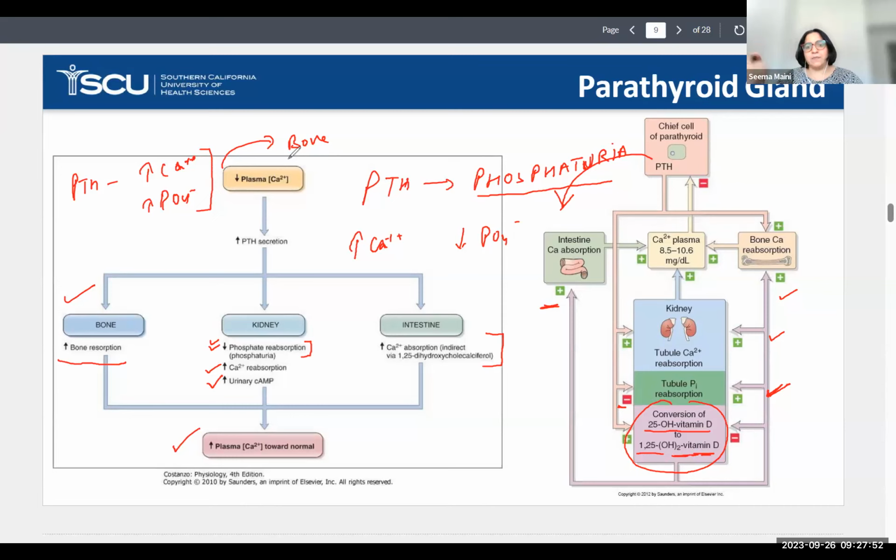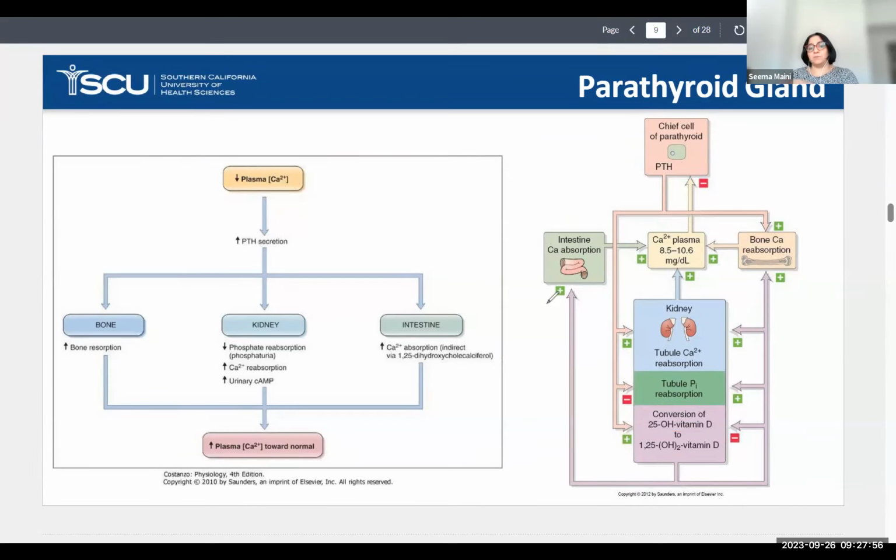Think about it. Vitamin D is different in this aspect. It is increasing calcium reabsorption, and also it is increasing phosphate reabsorption. That is why vitamin D is important for bone health.